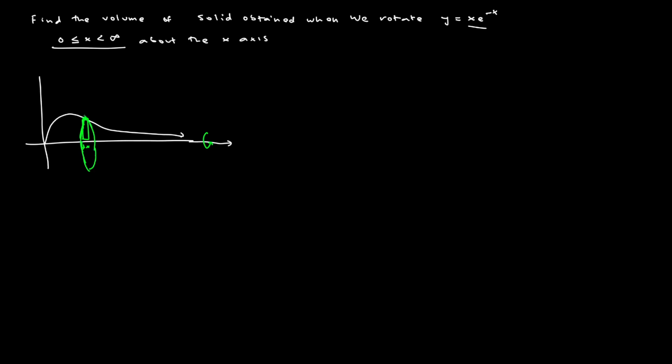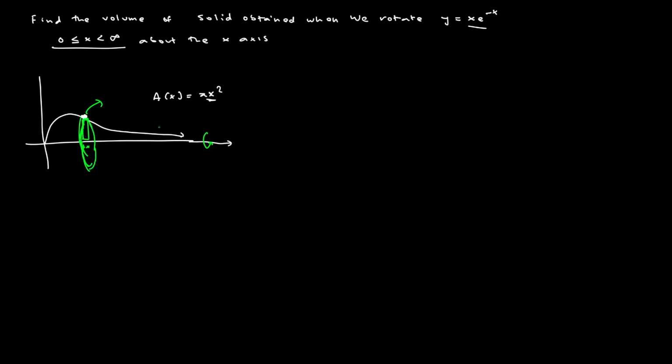So each cross section is defined by a ring. So the area of this cross section is circular, and therefore our area is just going to be pi r squared, where r is determined by f of x at that particular point. So our area of x is simply pi times f of x squared.